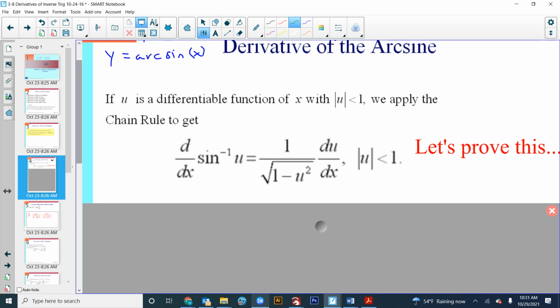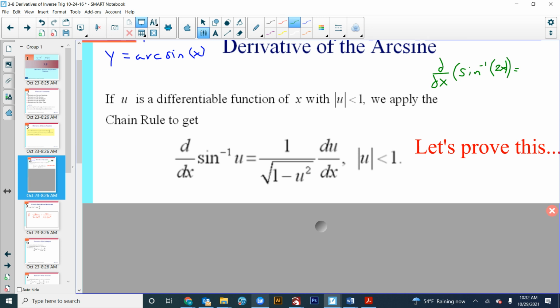All right. I want to prove this one. Now, before I do, when I said if you're a memorizer, you're going to like this. Because if I said find the derivative of sine inverse of 2x, you use this template. Watch how easy this is.